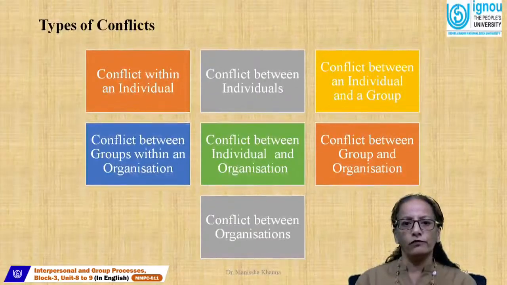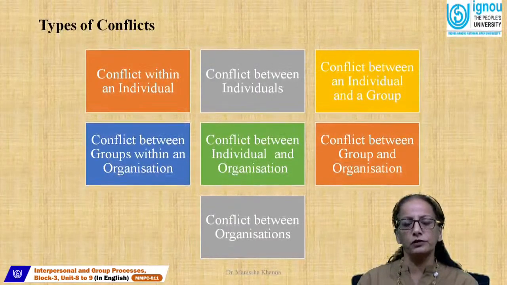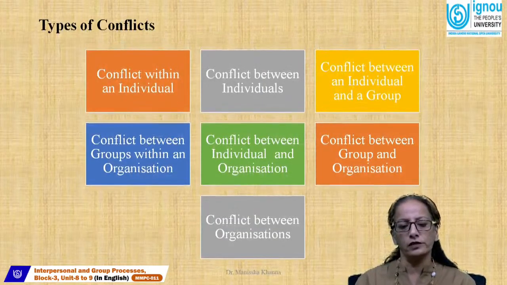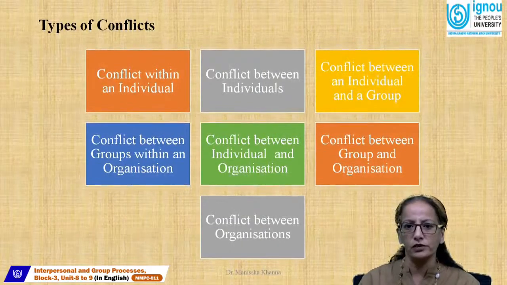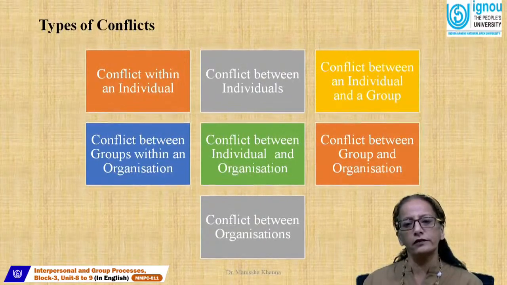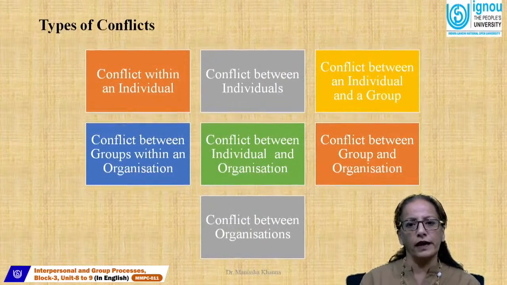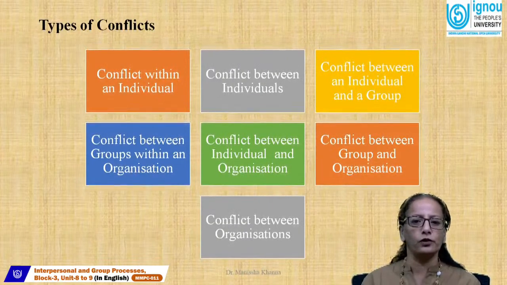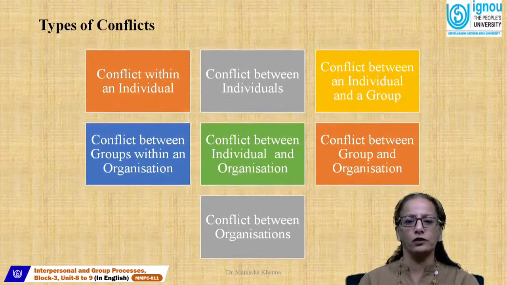So, there are different conflicts: conflict within an individual, conflict between individuals, conflict between groups within an organization, conflict between an individual and a group. Conflict can happen between an individual and an organization, between a group and an organization, and between organizations.